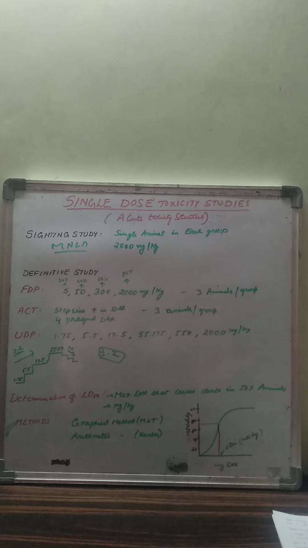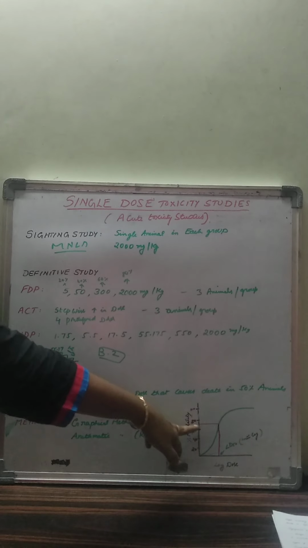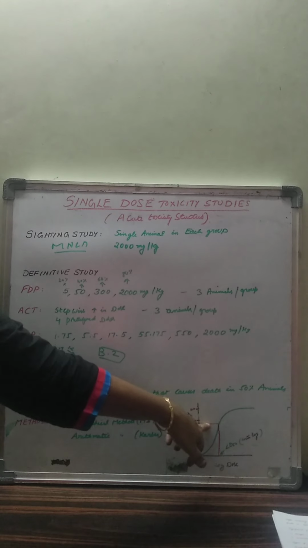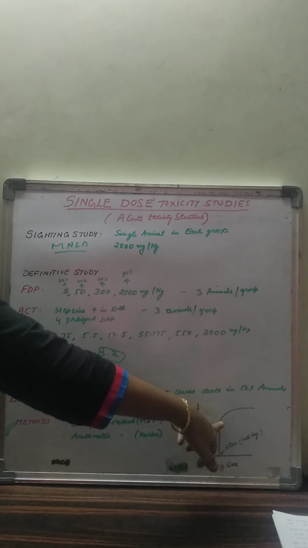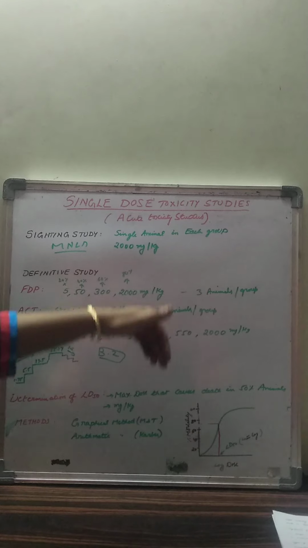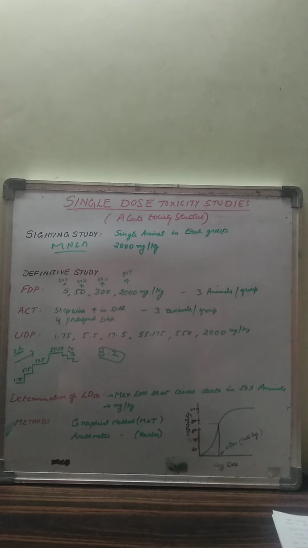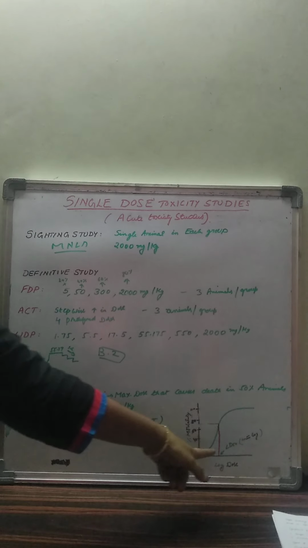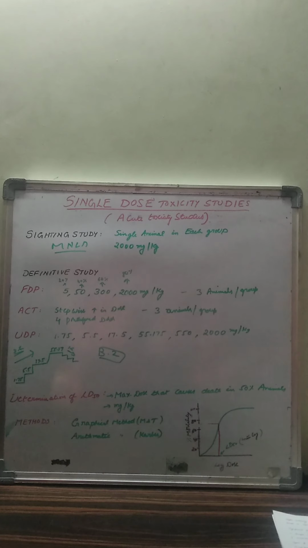So how to determine the LD50? Just take log dose on the x-axis and percentage mortality on the y-axis and plot the curve. Now see here, 50% is here, so you extrapolate from the y-axis towards your plot, and then extrapolate down towards the x-axis, where it intercepts the x-axis. That is nothing but the LD50.